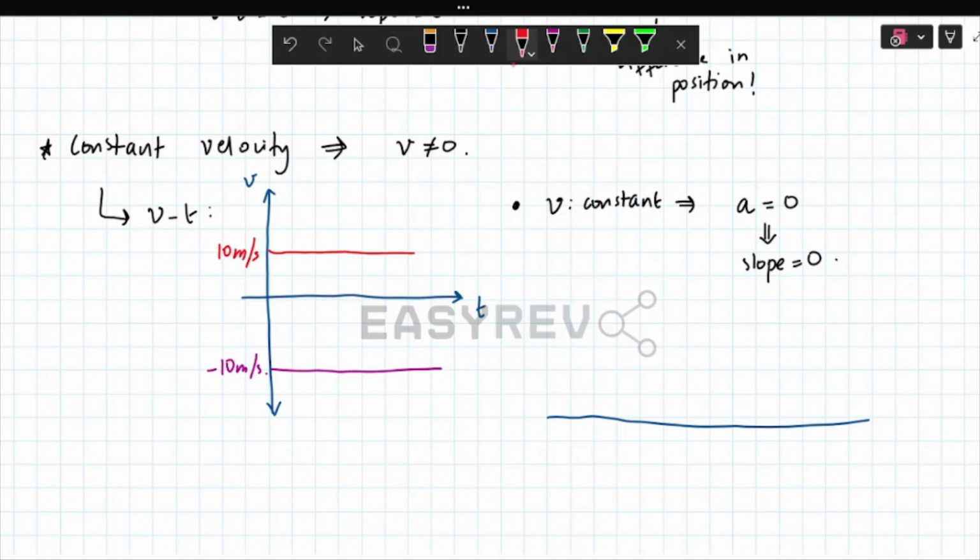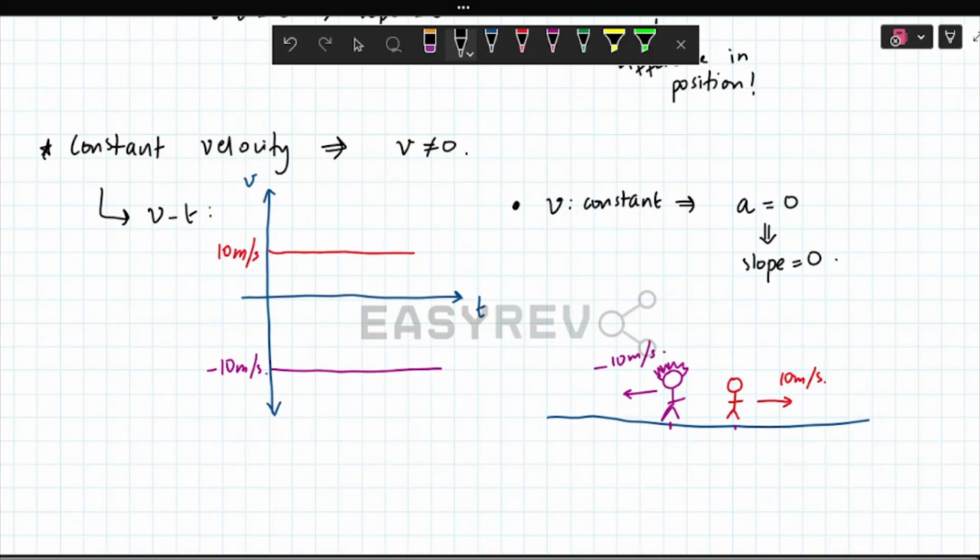So if Tufi is moving with 10 meters per second towards the right, Dr. Sal, on the other hand, is moving towards the left with the same amount of velocity. Here the position or the starting point doesn't really matter. What matters is that they're moving in opposite directions. Great.